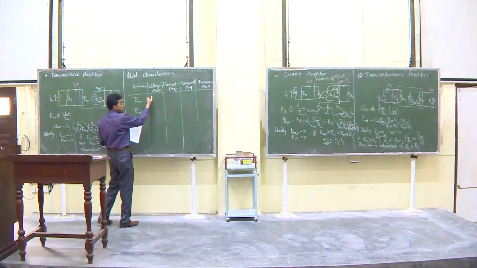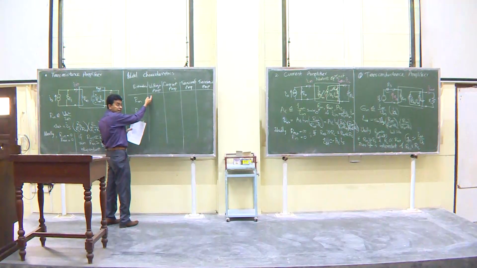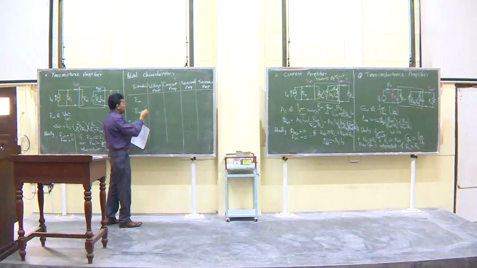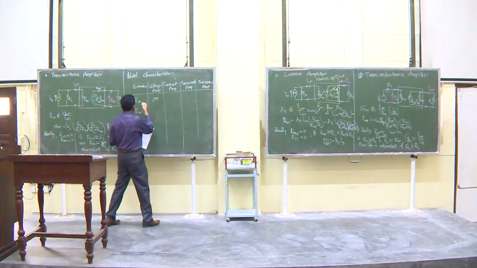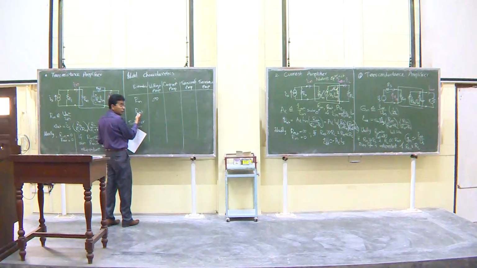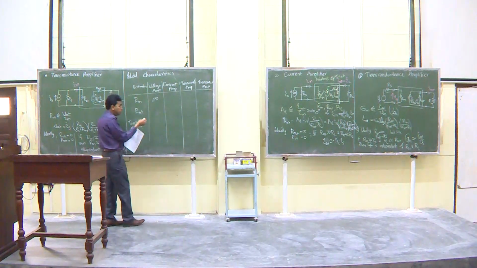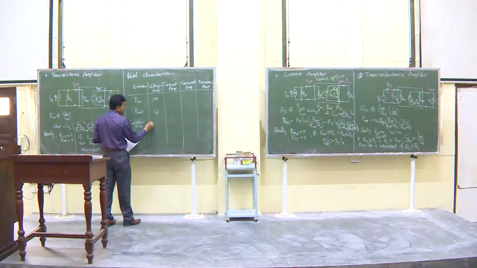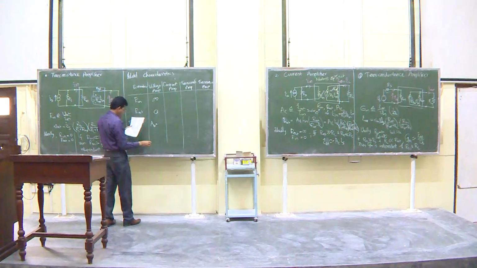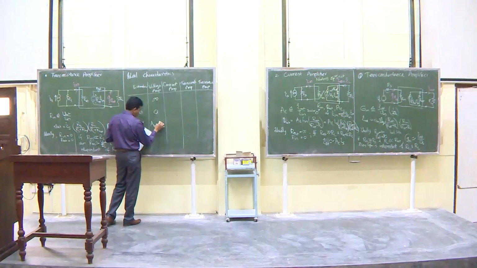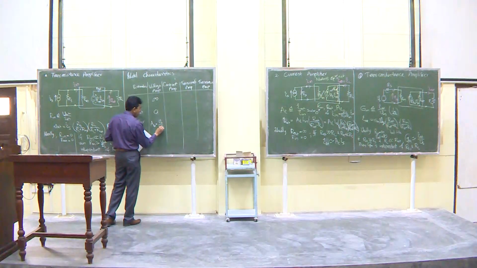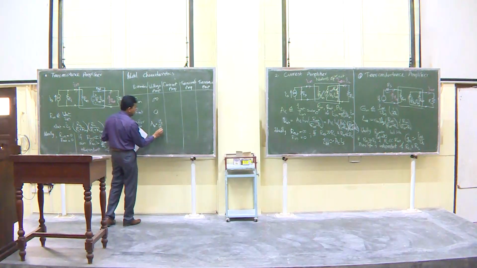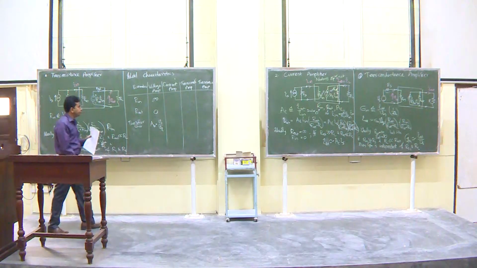R in, input has to be very large so that it doesn't draw any current, infinity. Output impedance has to be very small so that there is no voltage drop across it. And transfer gain, AV is equal to V out over V in.